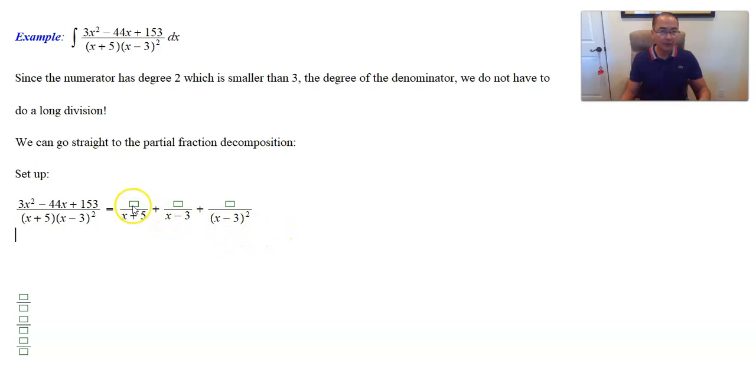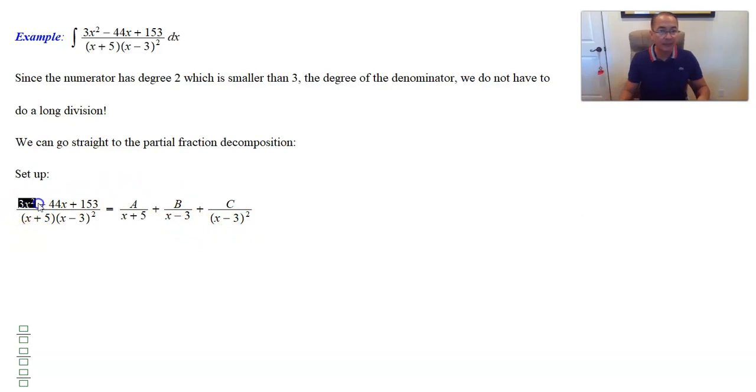Fortunately, the numerators are still just constants. So we will have 3 unknown numerators, A, B, and C. Just go down the alphabet, and I like to use capital letters. Now, we must solve for the numerators.